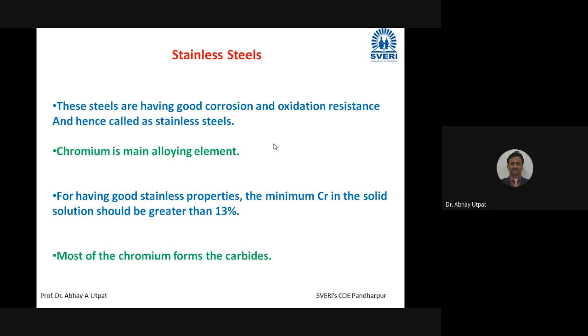Then how can we see how much quantity of chromium has formed the carbides and how much quantity is added in the solid solution, that is ferrite. So for that purpose there is one defined formula. Let us see that formula.